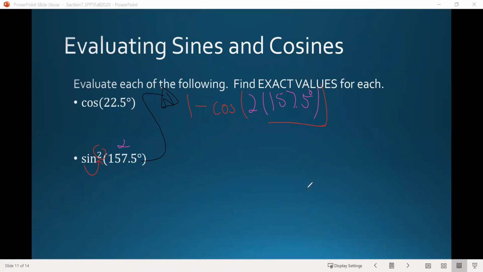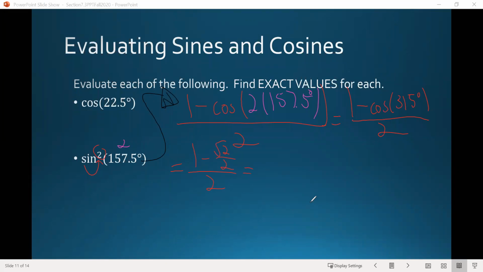Okay, and then that whole thing being divided by 2. And if we do the 2 times the 157.5 degrees, you'll notice that we come up with 315 degrees, which is now a value on the unit circle. So we can work to find an exact value here. So we'll go ahead and put that in. 315 is in the 4th quadrant, so its cosine is positive. And if we check our unit circle, it's root 2 over 2. That's all divided by 2.